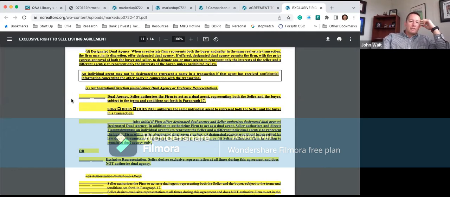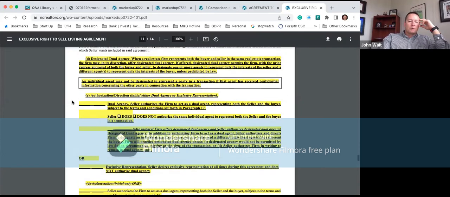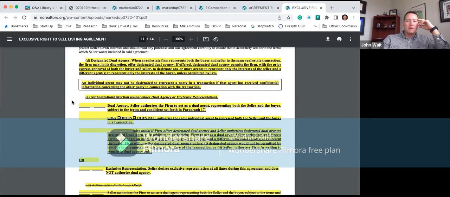The issue was this, and here's what caused this change to be made, especially with respect to designated dual agency. And that is this, the commission was having too many complaints where the old designated agency provision was filled out.